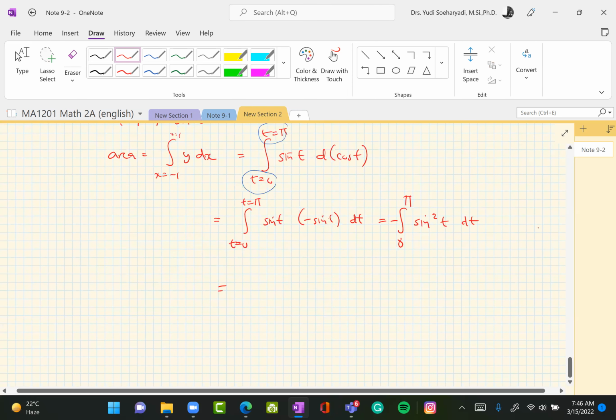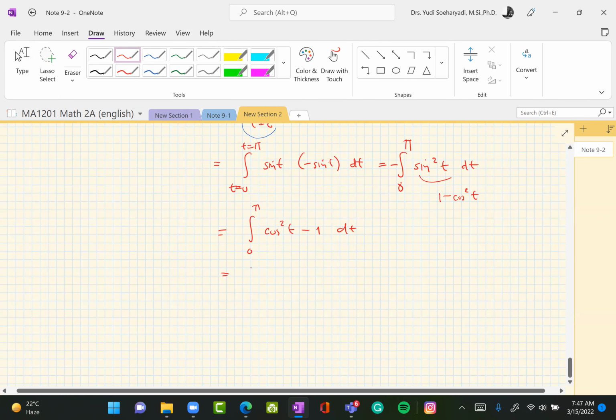But then we know how to do this one because sine square is 1 minus cosine square t. Because you have minus, you put this back: cosine square t minus 1 dt. And write this cosine square as 1/2 times 1 plus cosine 2t.